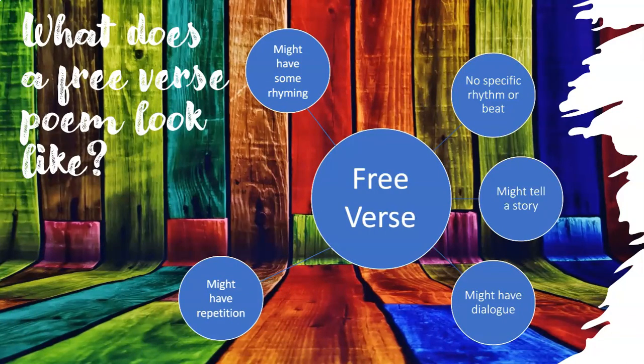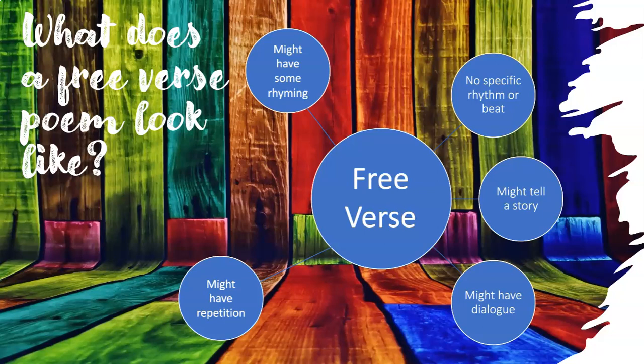So what does a free verse poem look like? It looks very free. Okay, it is a free verse poem because it might have some rhyming in it, and we saw that in our first poem from Meet Denitra Brown. There is no specific rhythm or beat, and we saw that in our second poem. It might tell a story, right, which both of our poems did.